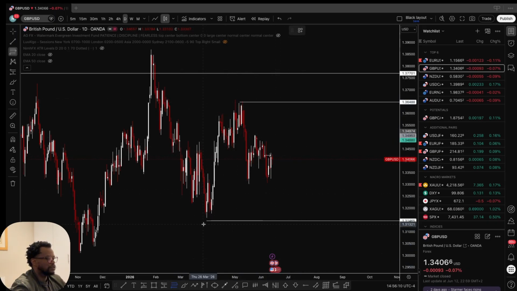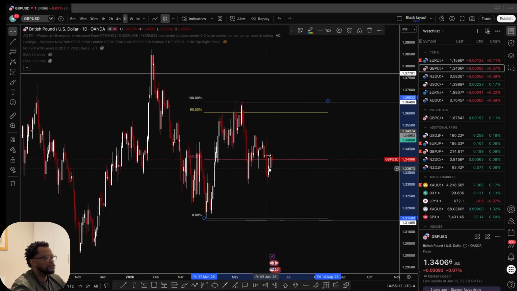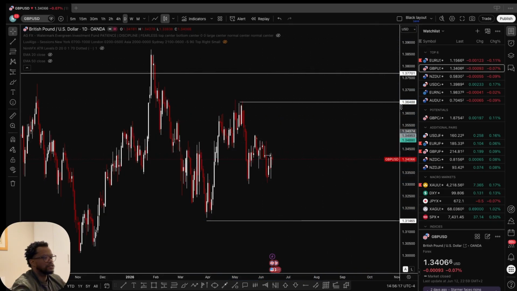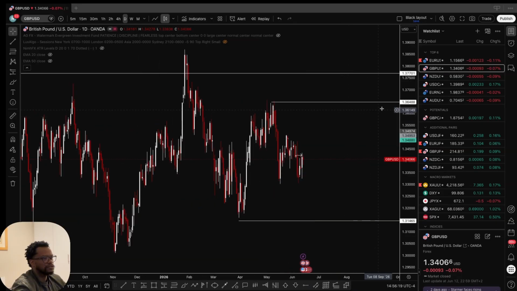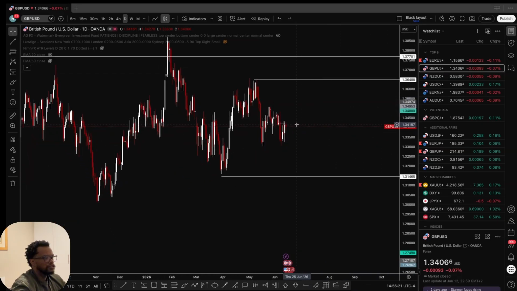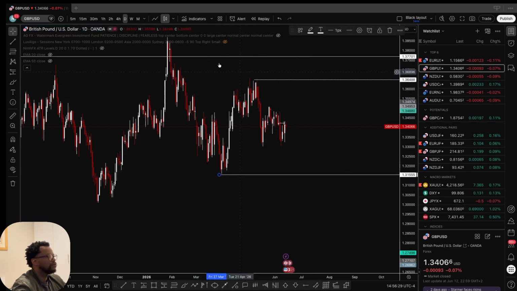We're also in the 50% range of this structure, but it hasn't switched like euro has already started switching bearish, so that's why euro looks better at the moment. But obviously we are playing the structure. We still have a bit to go to clear this low.